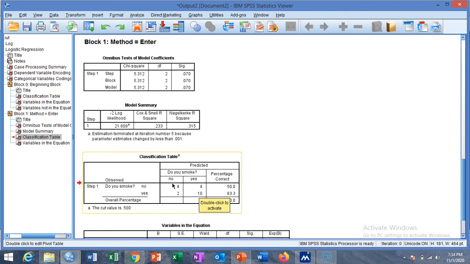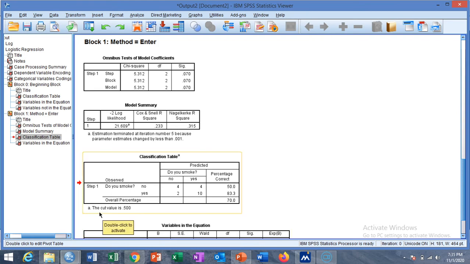So these are the misspecifications and incorrect predictions, where the observed value was no, and on the basis of probability we categorized this value as yes. So these are errors, incorrect decisions about the predicted values.